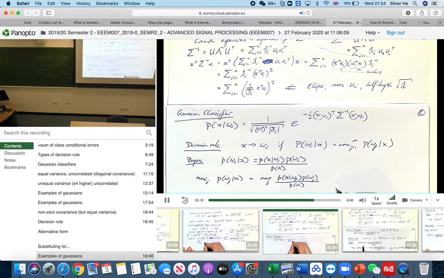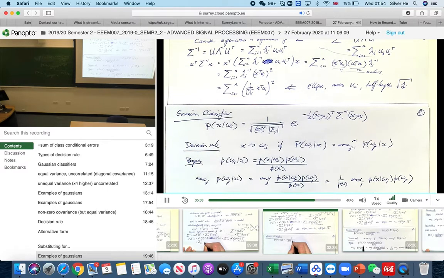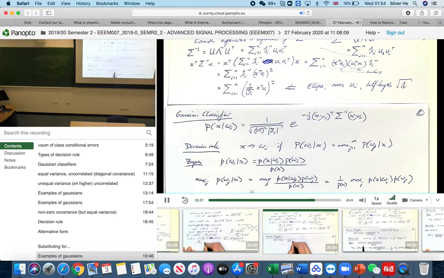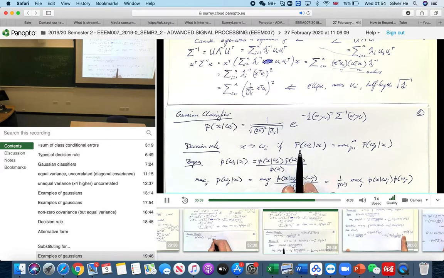And we know that P of x is constant, so that's just 1 over P of x times the maximum over j of P of x given omega j, P of omega j. So our decision rule, because our P of omega i given x is the same as this without the maximum in there, we just multiply both sides by P of x.